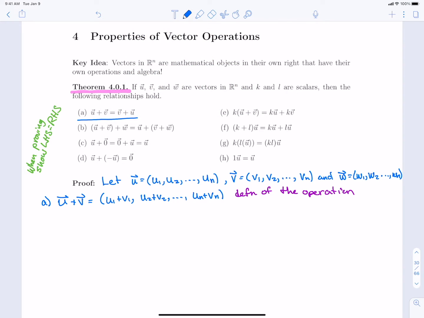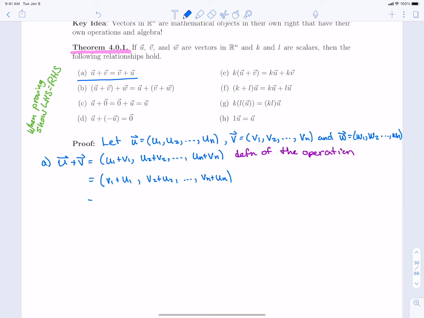Well, because we know that real number addition is commutative, I could actually rewrite this as v1 plus u1, v2 plus u2, vn plus un. And then I can see from there that that would lead me to be able to say vector v plus vector u is equivalent.